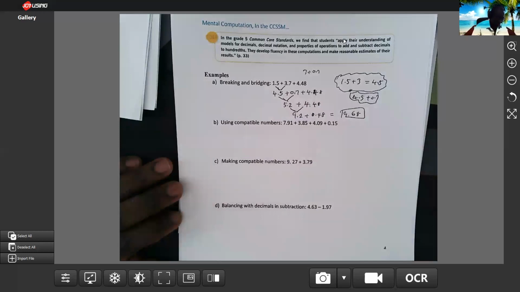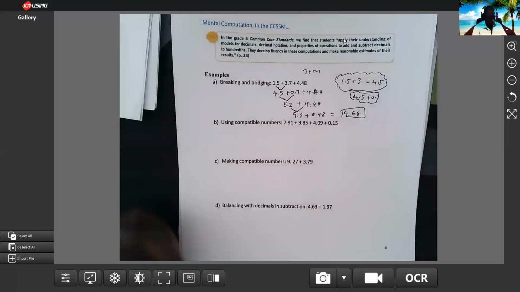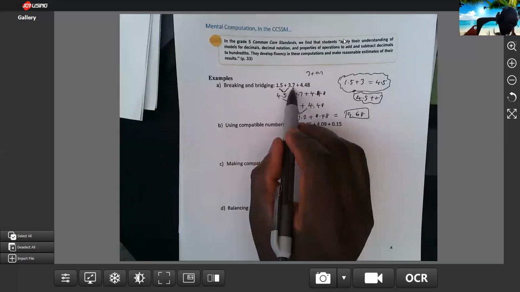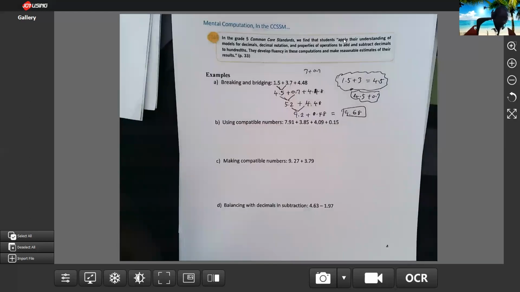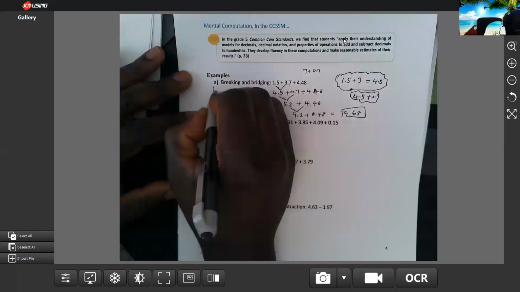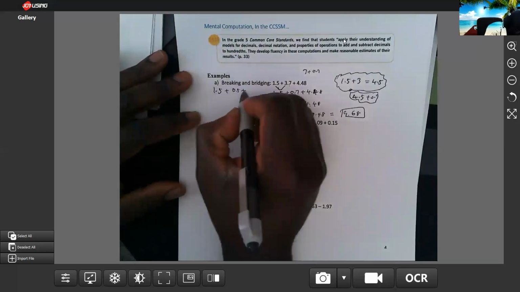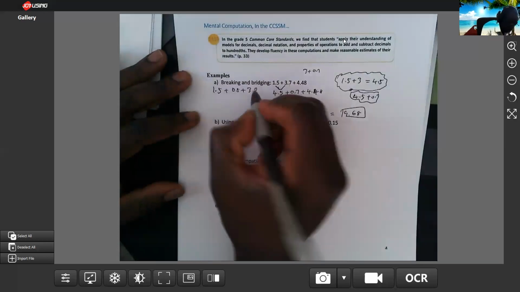So you break up the whole number and then the decimal part. Or sometimes if it's easier, I could have done this. I have 1.5, and if I add 0.5 to the 1.5, I know I'm going to get 2. So I could have done this 1.5, then I have 0.5 plus 3.2.